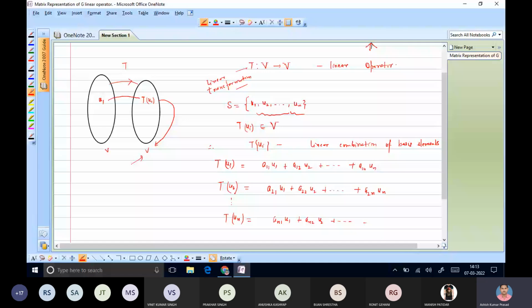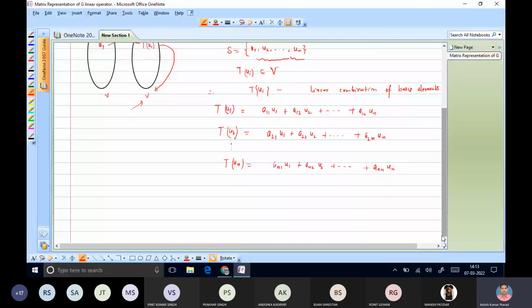Now what I will do, I will take the transpose of the above matrix of coefficients, which we call the matrix representation of T. So I am taking all the coefficients and I will take its transpose, right?